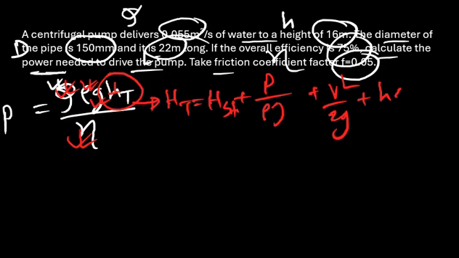Pressure is not given, so those terms are not needed. The static height is given as 16 meters, but the velocity we have to find out separately.